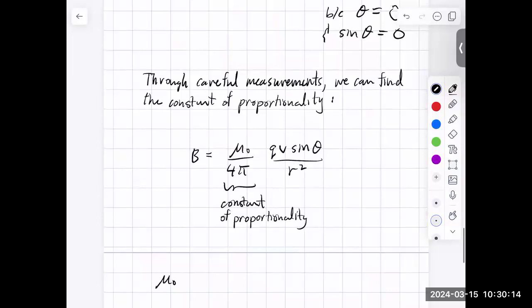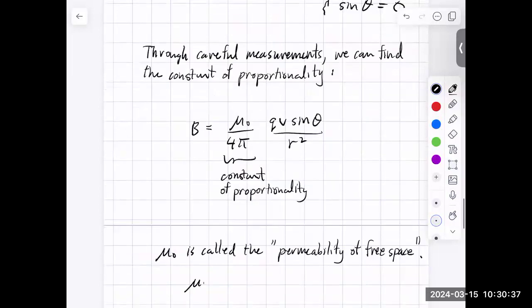Mu naught is called the permeability of free space. Okay, for us, I don't really care what it's called, but that's its name. It's just a constant, and its value is mu naught equal to 4 pi times 10 to the minus 7.